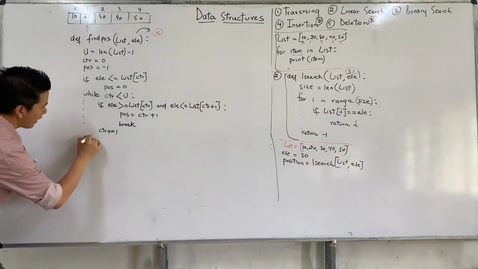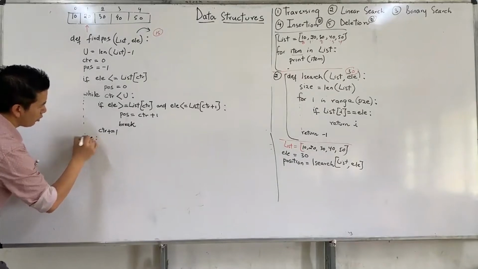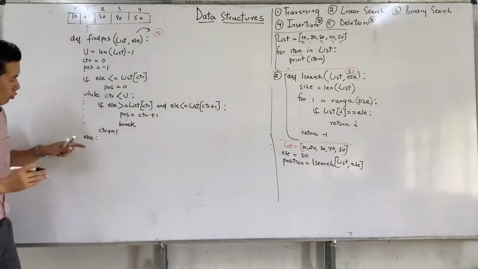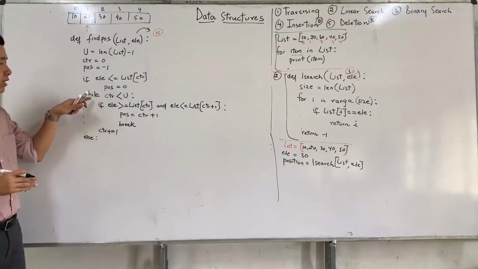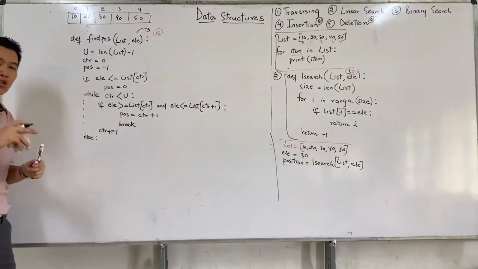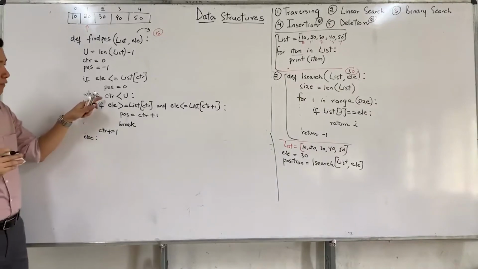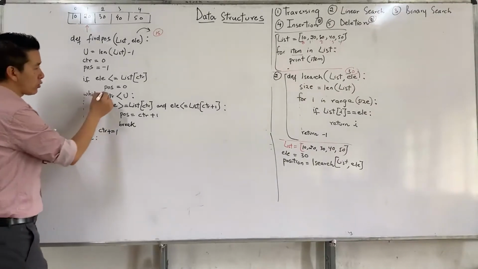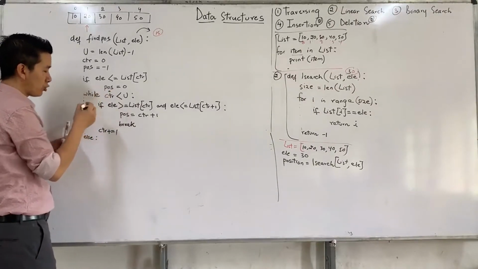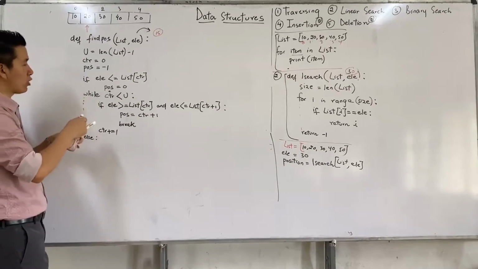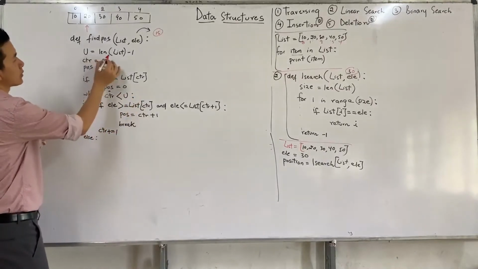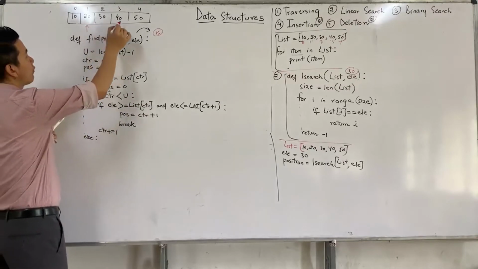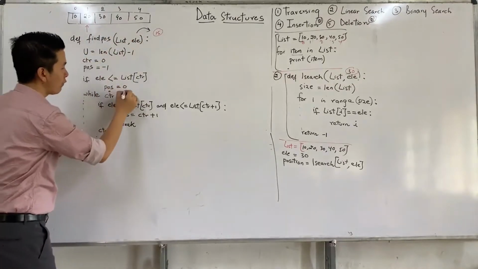And then I'll have the else statement. When will this else be executed? It is executed if the while loop completes all the cycles. Let's say you have the value of CTR as 0, and the value of U is length of list, 1, 2, 3, 4, 5, which is 5 minus 1, that is 4.